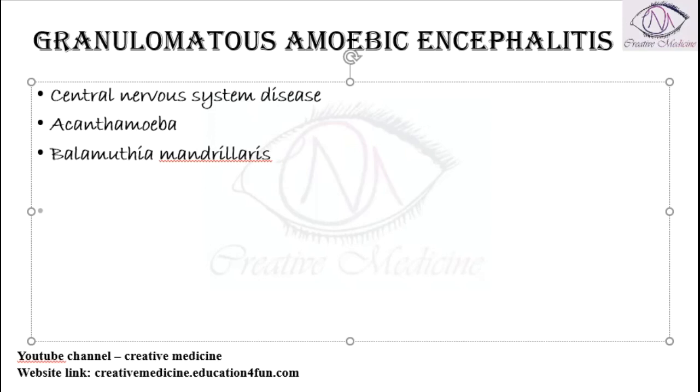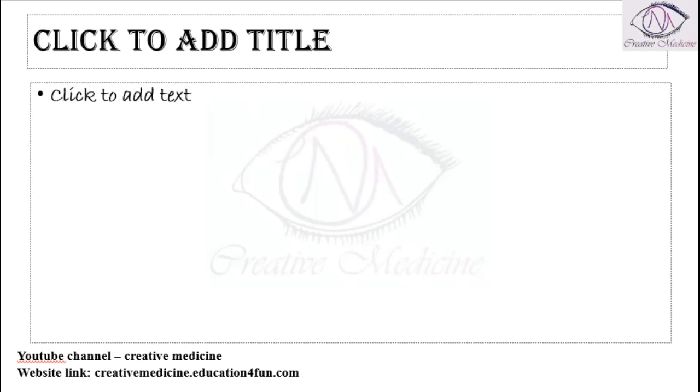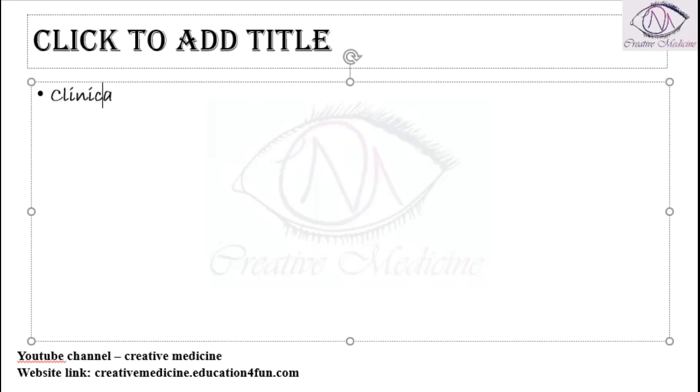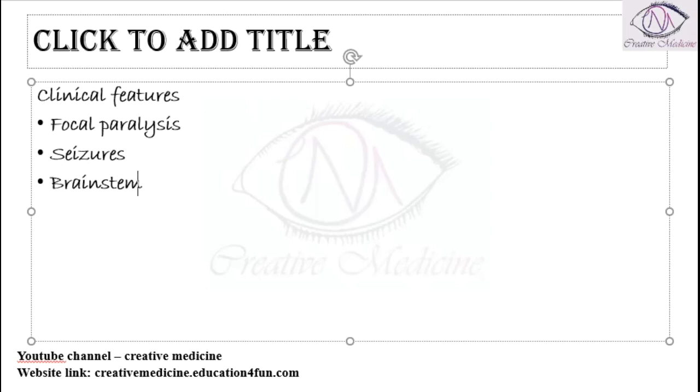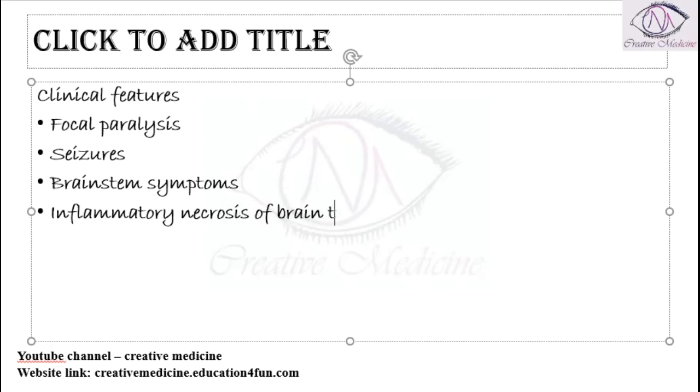A patient with granulomatous amoebic encephalitis will present with the following clinical features. The patients will present with focal paralysis. It can occur due to seizures or due to brainstem symptoms. Granulomatous amoebic encephalitis is also caused by inflammatory necrosis of the brain tissue.